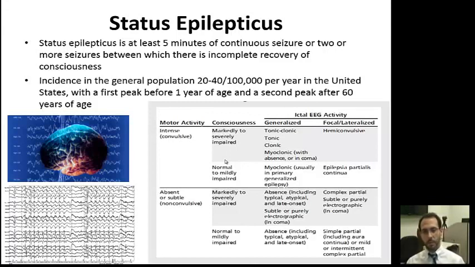This is one of the things that we should be concerned about, a patient that is not actually convulsing. It could actually be having abnormal brainwave activity, meaning seizures, meaning ictal EEG activity. And that's what I just tried to show here.